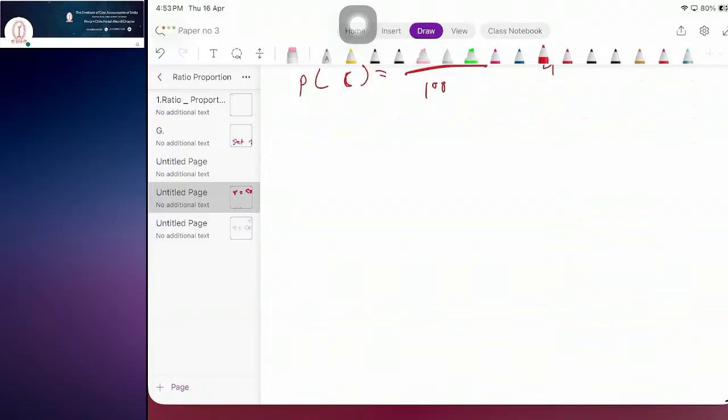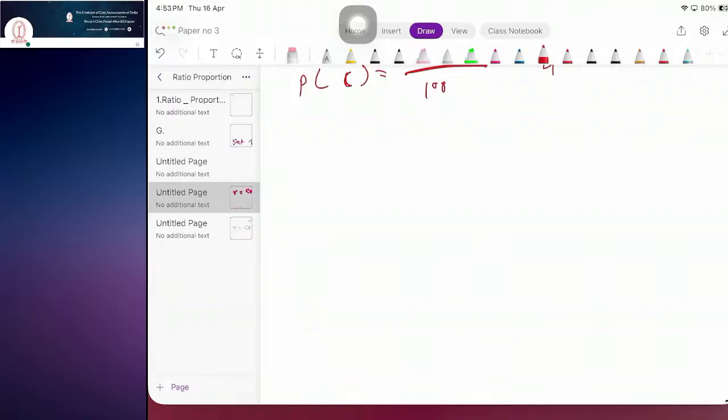4 cards are drawn one by one from a pack of 52 cards without replacement. Means suppose for the first time when you are drawing a card, there are 52 playing cards, you have drawn one card, and without replacement means when the next time you go for drawing a card, there will be 51 cards.